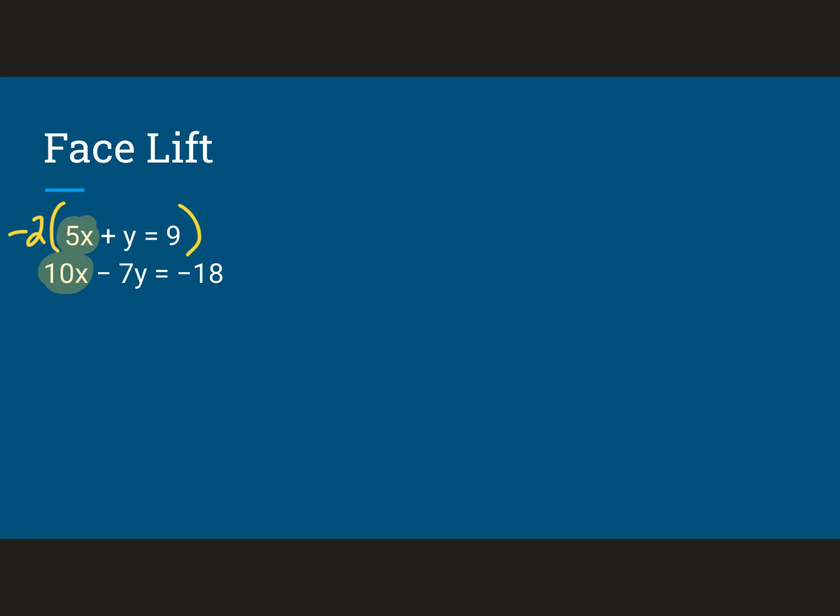So 5x times negative 2 is negative 10x. Negative 2 times y is negative 2y. Negative 2 times 9 is negative 18. So I'm going to bring across the other one. It was 10x minus 7y equals negative 18.